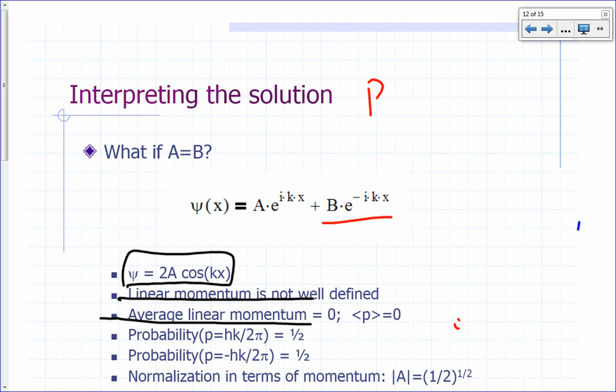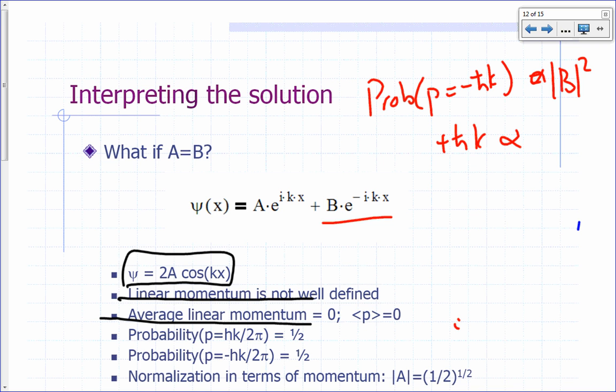The probability that momentum is equal to negative h bar k is directly proportional to the absolute value of b squared. And the probability that it's going to be plus h bar k is directly proportional to the absolute value of a squared, right?